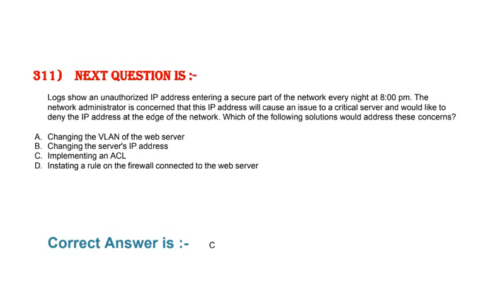Which of the following solutions would address these concerns? Option A, changing the VLAN of the web server. Option B, changing the server's IP address. Option C, implementing an ACL. Option D, instating a rule on the firewall connected to the web server. Correct answer is option C.